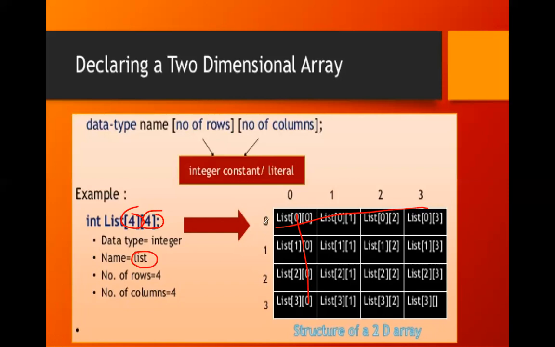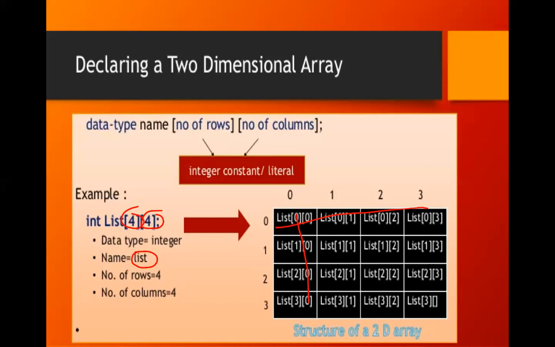The subscripts will be represented like this: 0 0, 0 1, 0 2 and 0 3. The first one represents the row and the second one represents the column. Like that, in the first row, 1 0, 1 1, 1 2 and 1 3, it will be represented like this.